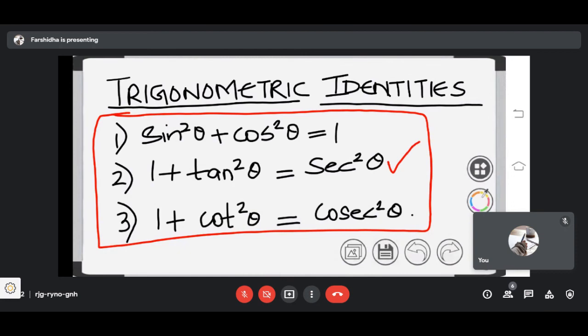Second identity you can also write as sec square theta minus tan square theta is equal to 1. Third identity you can also write as cosec square theta minus cot square theta is equal to 1. So copy down.